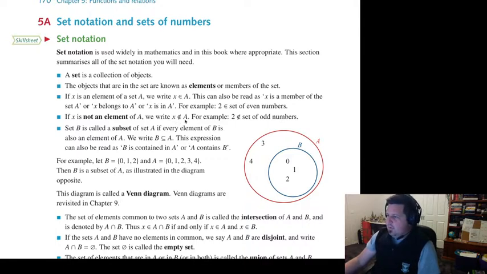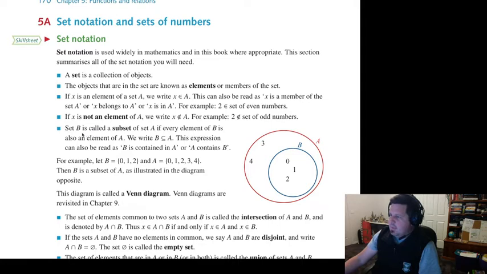It says here set B is called a subset of set A. What they're actually talking about here is in this example that we have over here on the side. You've got some numbers that are in A, but are also in set B here inside the circle. The numbers you can see here that are part of B, they are also a part of A, because B is inside A. So where you've got some numbers that are a part of another set, it's known as a subset.